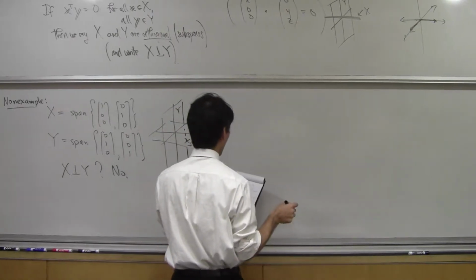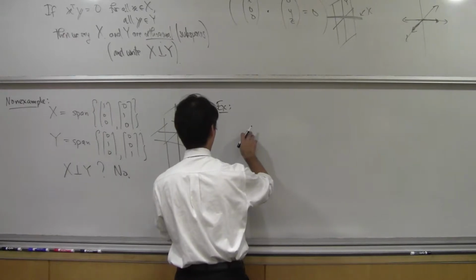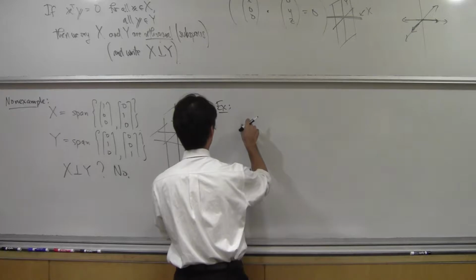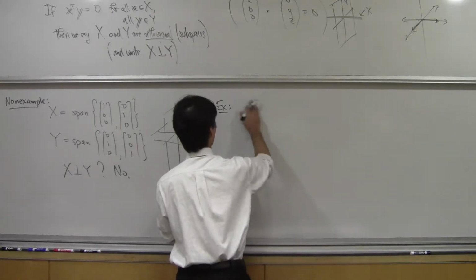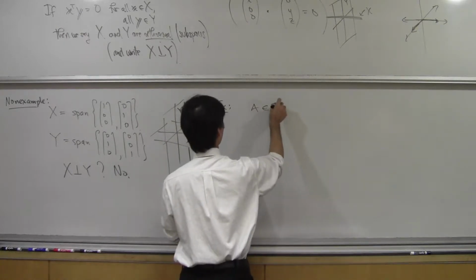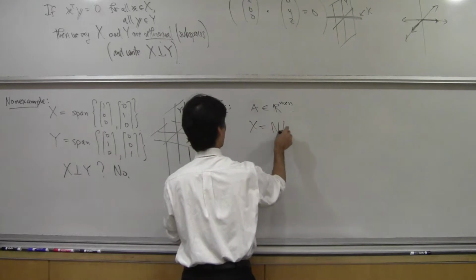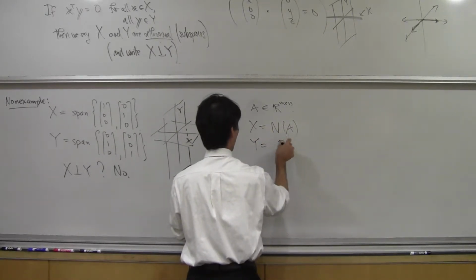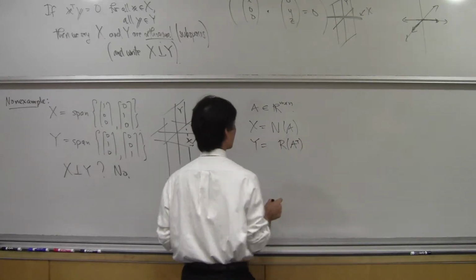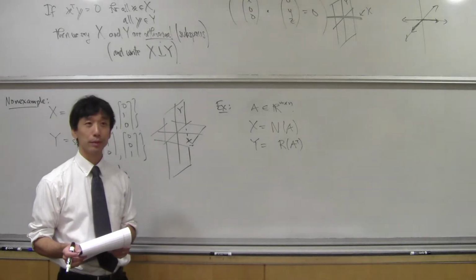Another example: the null space of A. Suppose you have some matrix A, and you let X be the null space of A and let Y be the range of A transpose.